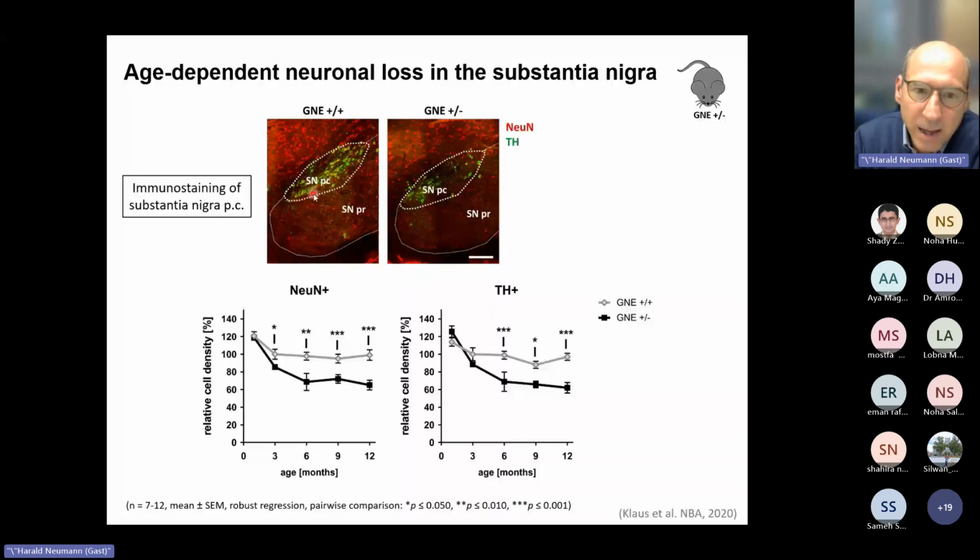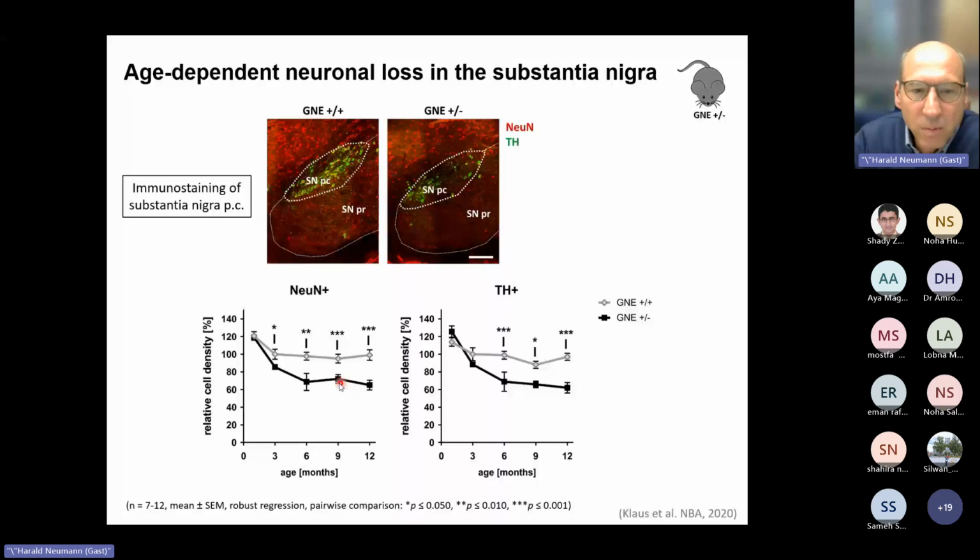We selected this area because there it's possible to quantify exactly the amount of neurons in this region. Here is the normal situation labeled in gray, and in black the heterozygous, which have a reduced sialic acid. We saw a premature, an early loss of the neurons.